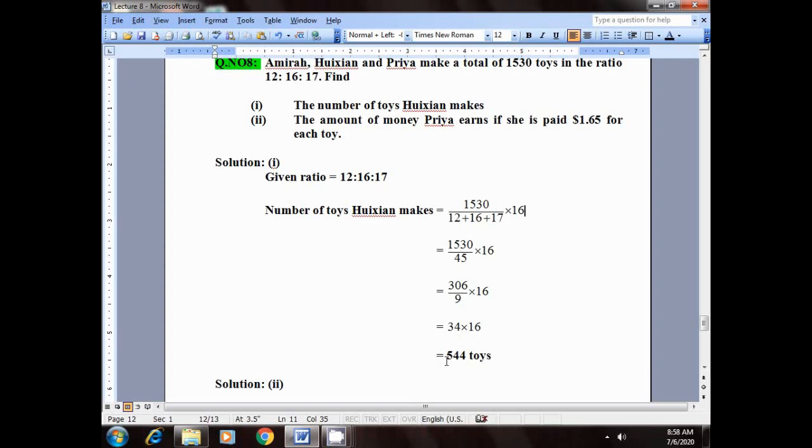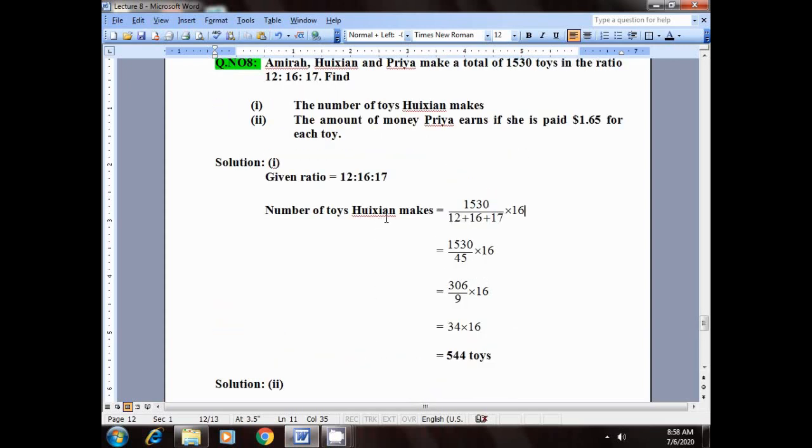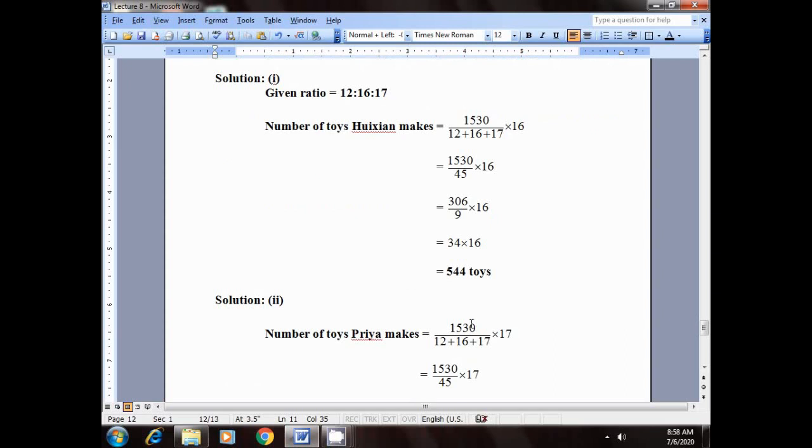Second part, let's find the amount of money Priya earns if she is paid $1.65 for each toy. First of all, we will find the total number of toys Priya makes. The same formula will be applied here, that is total number of toys 1530 divided by sum of ratios 12 plus 16 plus 17 multiplied by ratio of Priya, which is 17.